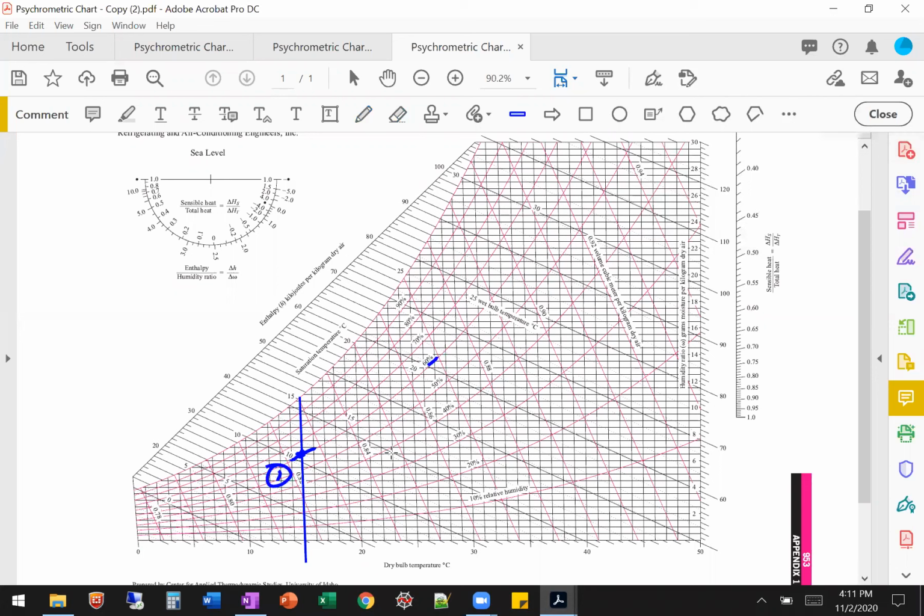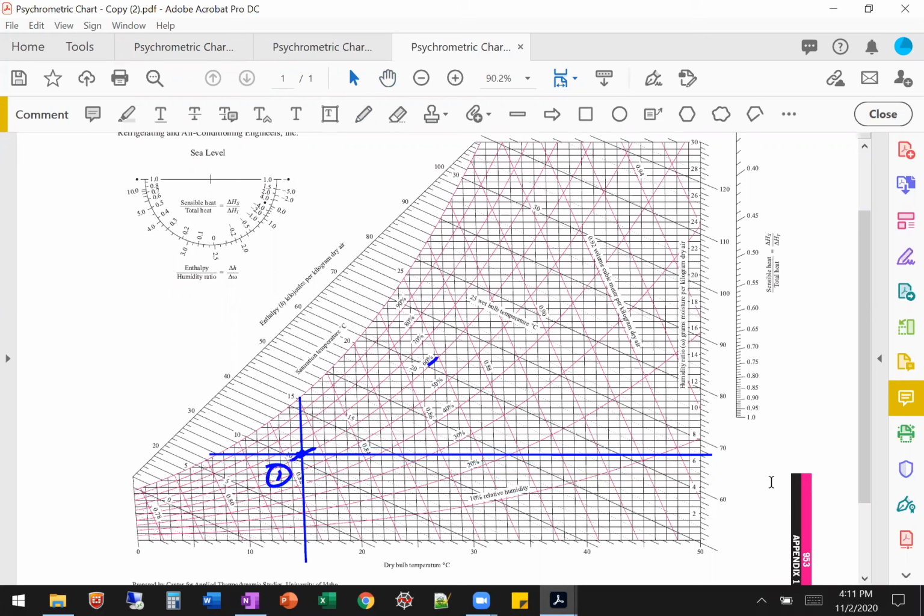Now 1 to 2, where specific humidity is being held constant. So it's a little different than what I had, 15 and 60. That's right.